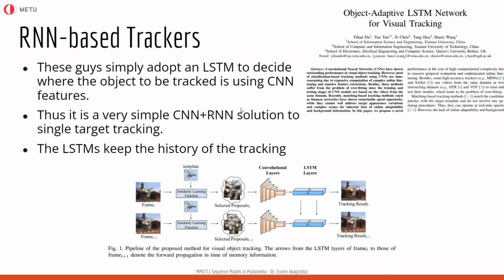Well, this is a very nice example because it's a very clear example and also sophisticated example. It uses Siamese network for nice proposal selection. It uses convolutional layers and LSTM layers to provide the next state. It holds the history in an LSTM. It applies online learning. Well, very sophisticated. I mean, it's a 2018 ICPR paper.